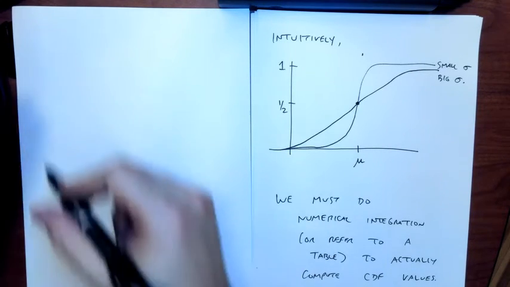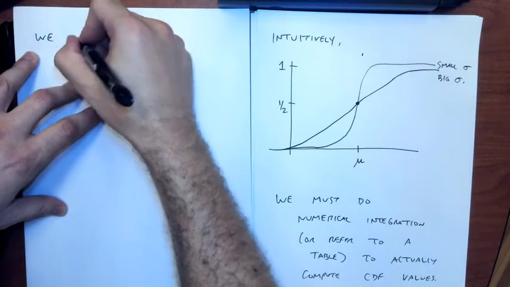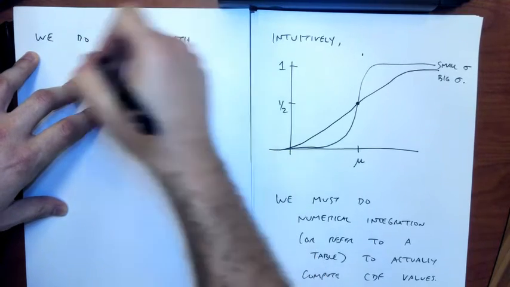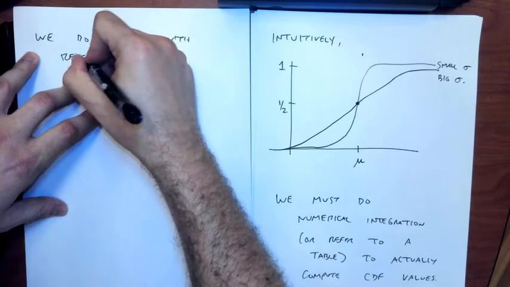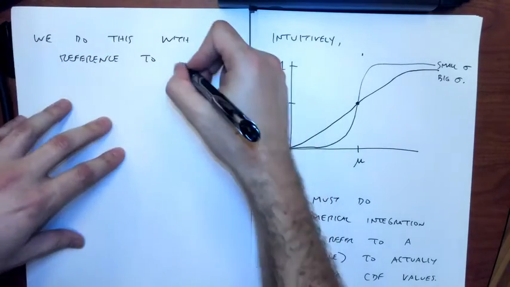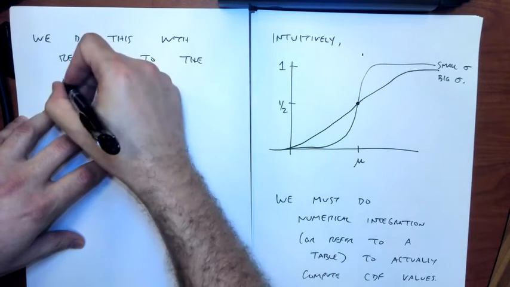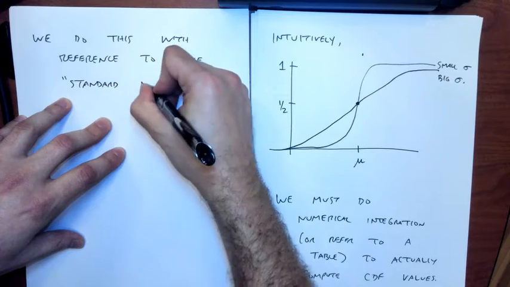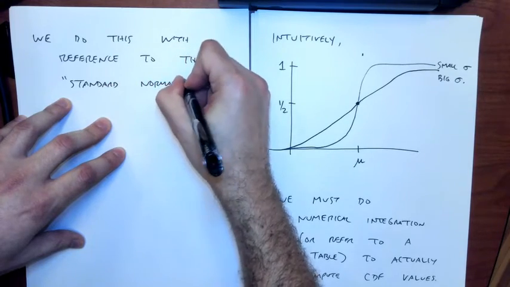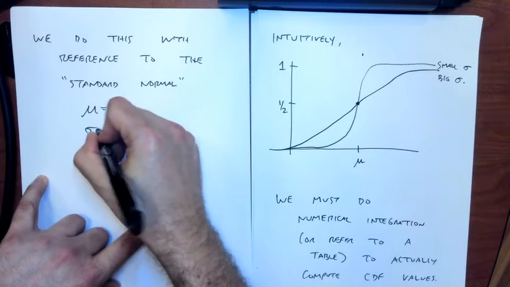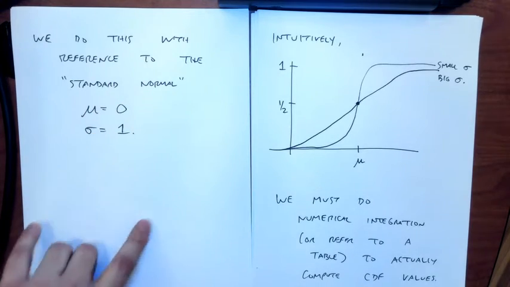And so we do this with reference to one canonical Gaussian, which we call the standard normal. Which basically is saying that the mean is 0 and the standard deviation is 1, right?